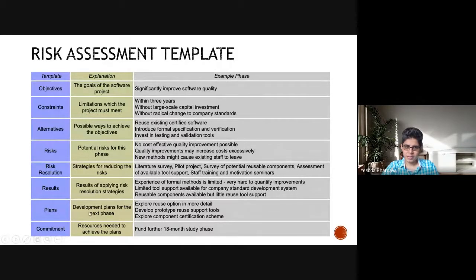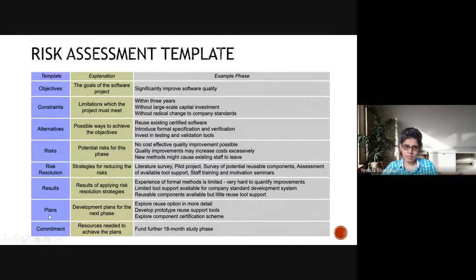So what they finally decided was that they would explore the software reuse option in more detail, and also explore the certification schemes, because ultimately the other alternatives were not working. Essentially they identified the first one: they would reuse the existing certified software.